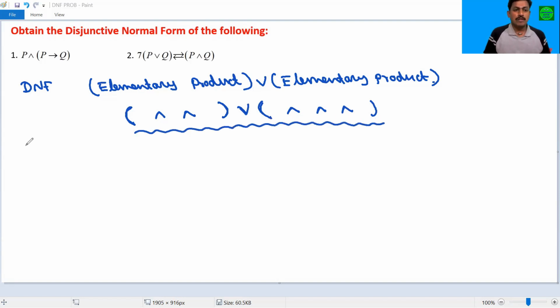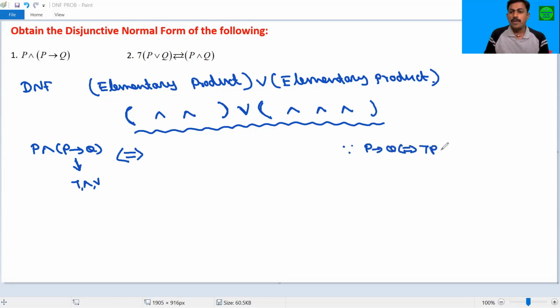Now observe the given problem, P and (P then Q), which is equivalent to... In the first step, we have to change this symbol into not and or symbol. To change that, we know the formula: if P then Q is equivalent to not P or Q. Using that, I'm going to write the term as P and (not P or Q).